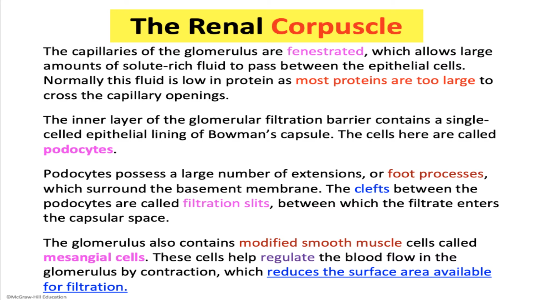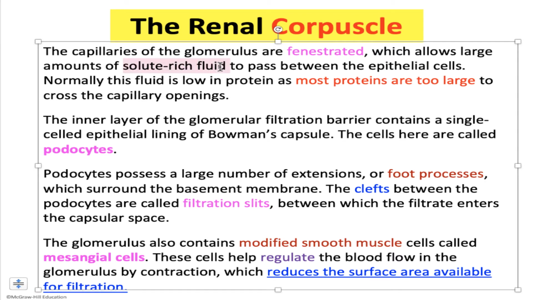The corpuscle, just like other parts of the tubule, is a fascinating region with its own peculiar anatomy and physiology. The first thing is the lining, the cells lining the capillaries, the endothelial cells, they don't form a complete and solid wall. Instead, they have large gaps which allow solute-rich fluid to pass between them.